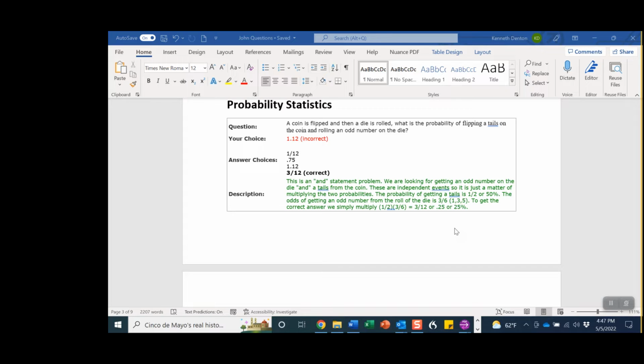Right. That's what I'm saying, that on a test though, I would have had absolutely no idea how you got 3 over 12. Or 3 over 6, you mean? Yeah. But you knew it was 0.5, so you were all right. But it's 3 out of 6 because when you throw a die, there's 3 odd numbers and 6 numbers total.